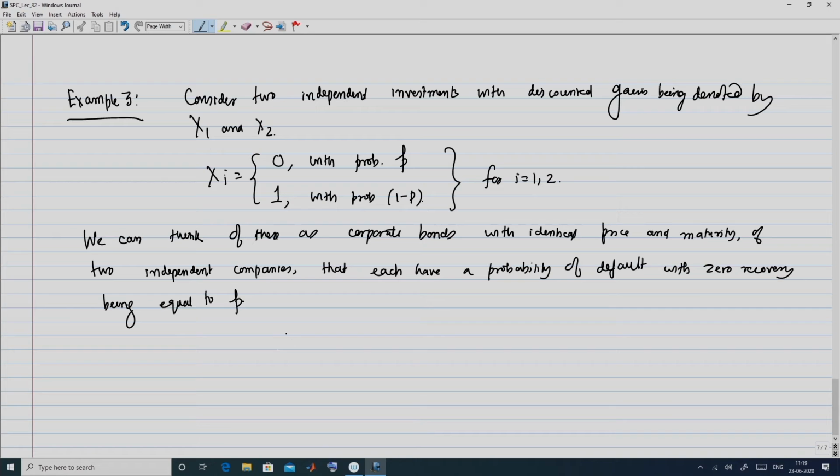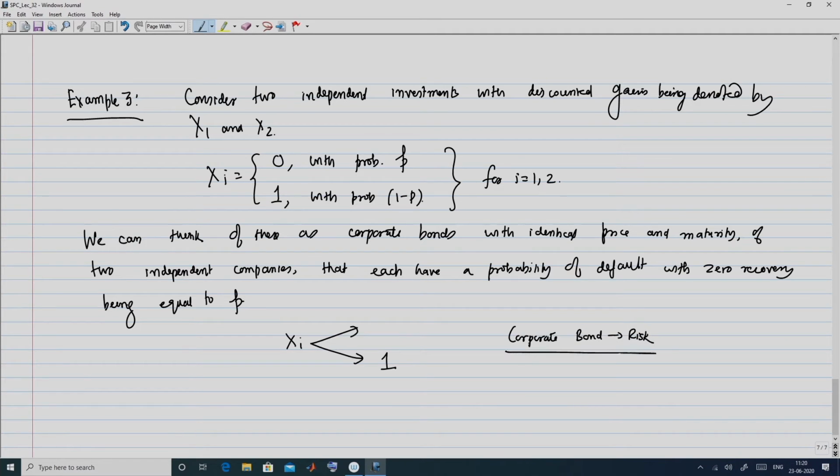So, these are basically some corporate bonds, and they have a maturity value of say 1, but since this is a corporate bond, it is risky.